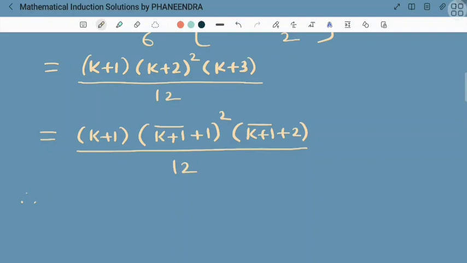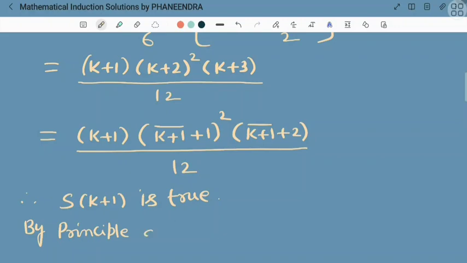Most of those students, they won't write: S of k plus 1 is true. Otherwise, S of n is true for n is equal to k plus 1. After that, the last conclusion step: by the principle of mathematical induction, this is finite mathematical induction. Not compulsory to write, but if you write, it is well and good.